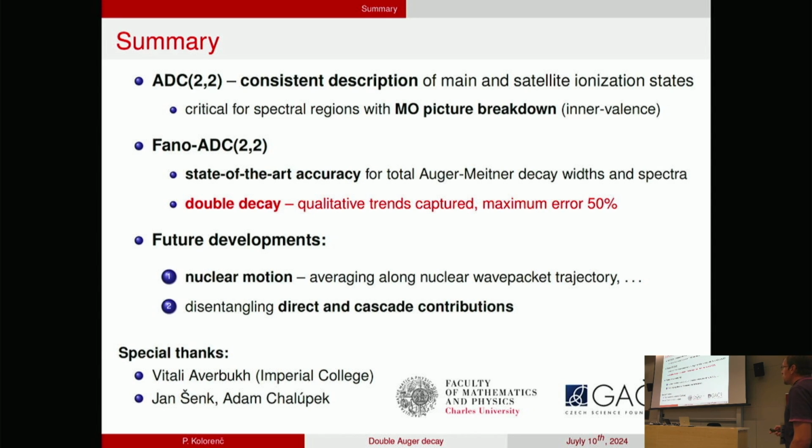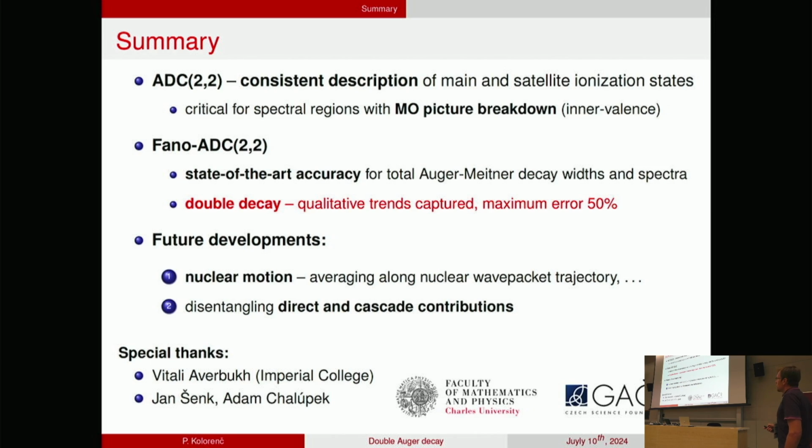And Fano-ADC 2,2 provides state-of-the-art accuracy for total Auger-Meitner decay widths and spectra, and the double decay is reproduced qualitatively with a maximum error of 50%. Average is better. I leave it to yourself to evaluate whether this is actually good or bad.